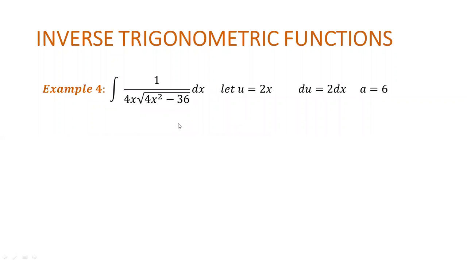Now, number 4. Whenever you see an expression written before the square root sign, then you will right away think that's a secant or an arcsecant. So if that is the case, we'll check if everything is doable in terms of an integrand yielding an arcsecant. Again, this is your a squared.